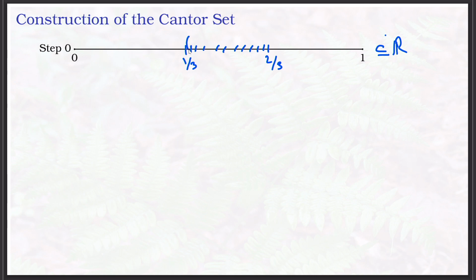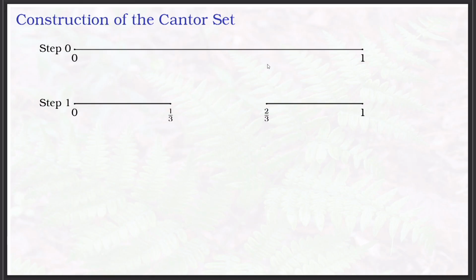Now, we removed the open interval (1/3, 2/3) from the closed interval [0, 1]. Then after the first iteration, one gets [0, 1/3] and [2/3, 1]. So from the initiator, in the first step, we get 2 intervals of length 1/3.